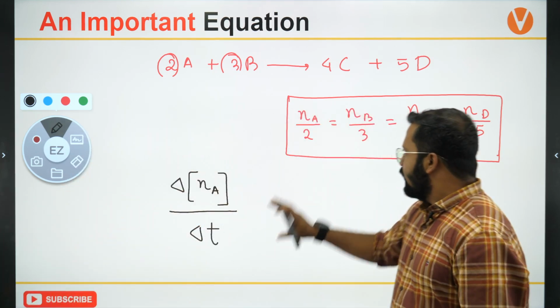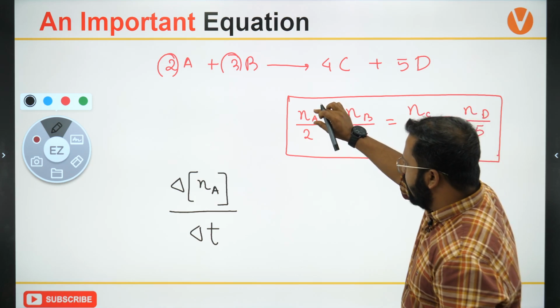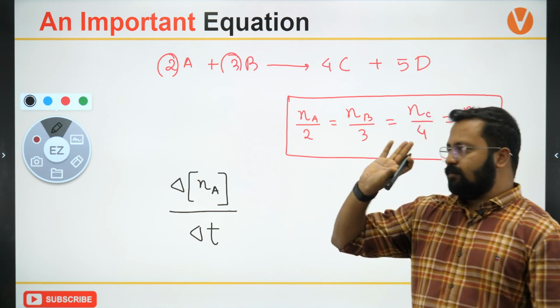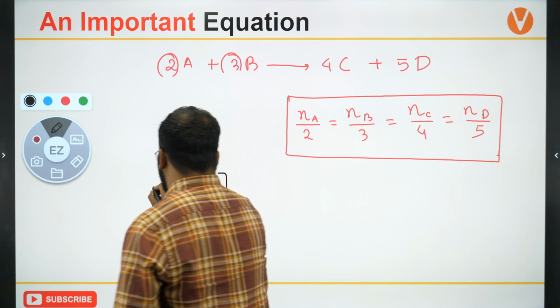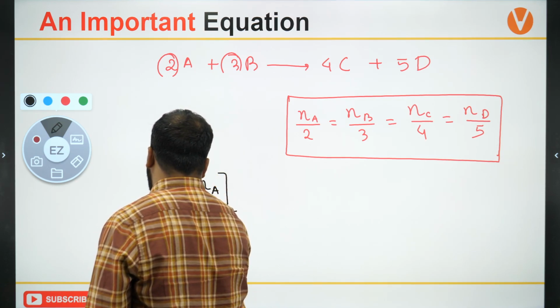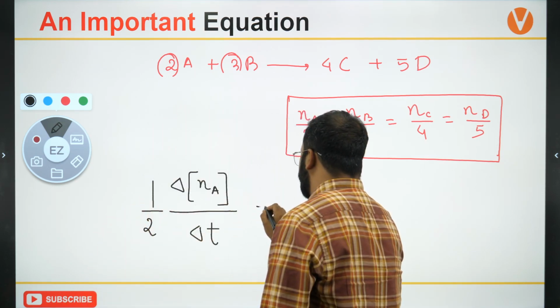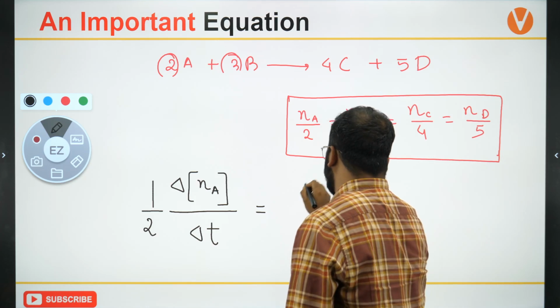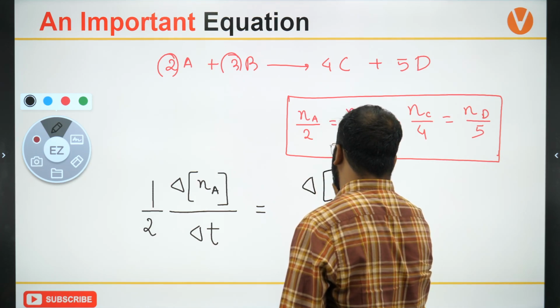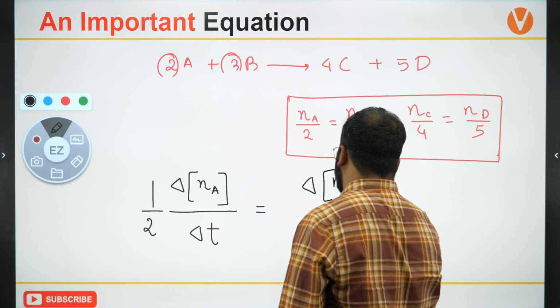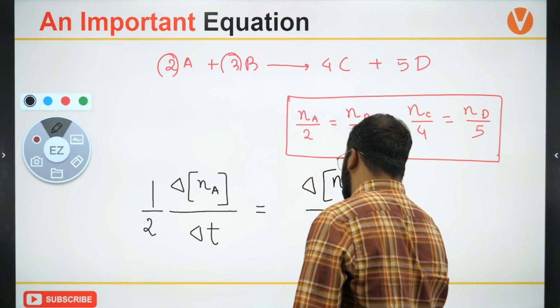I observe the change in A in a given amount of time, and I will multiply this with 1 by 2. I observe a change in B in the same amount of time.